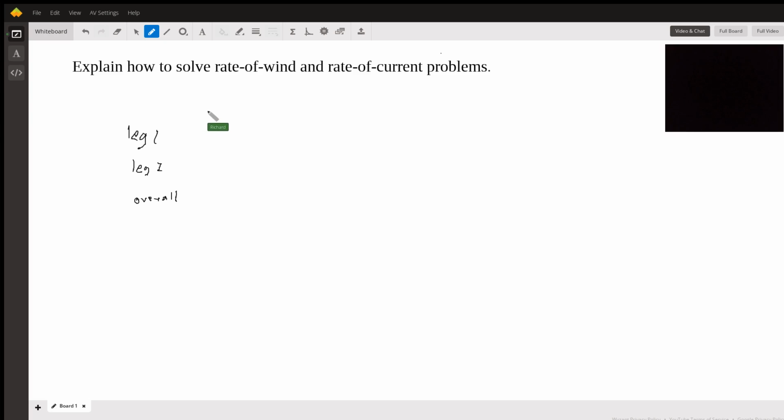And then I make up columns. I just put rate times time equal distance. I just like to create a table. It clarifies everything, keeps it simple.